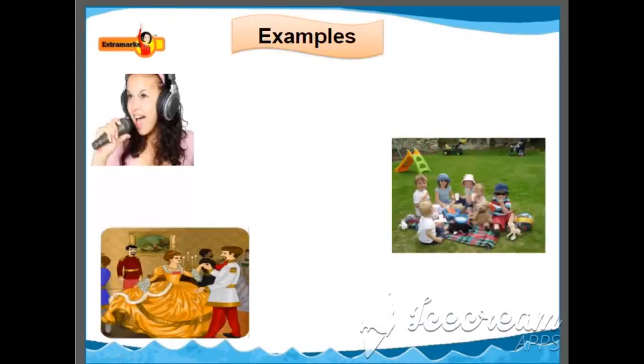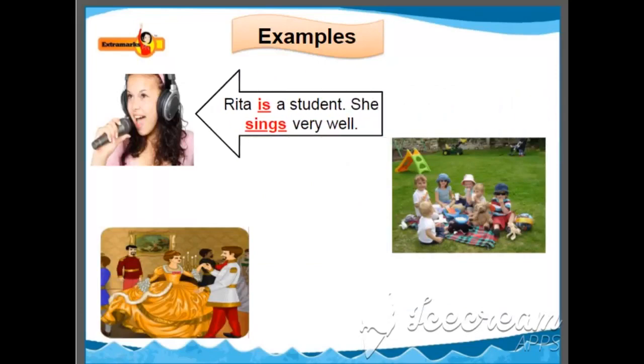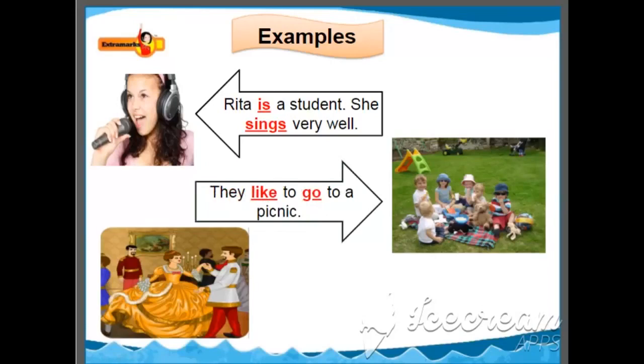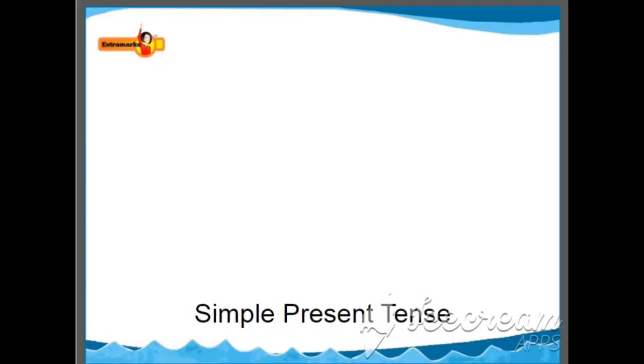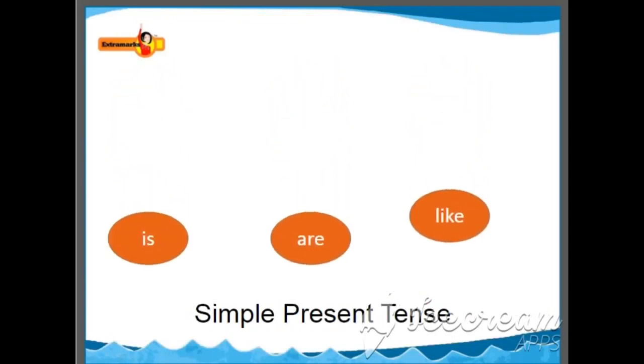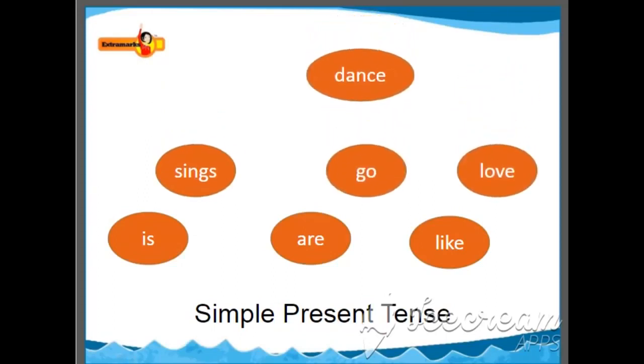Now look at these examples. Rita is a student. She sings very well. They like to go to a picnic. Rahul and Reena are dancers. They love to dance. Now look at the verbs: is, are, like, sings, go, love, and dance in the above sentences.